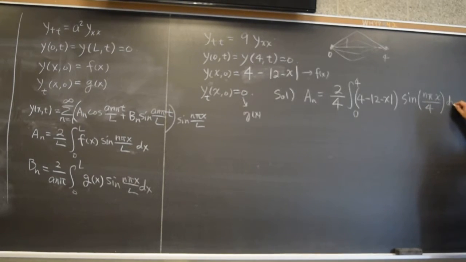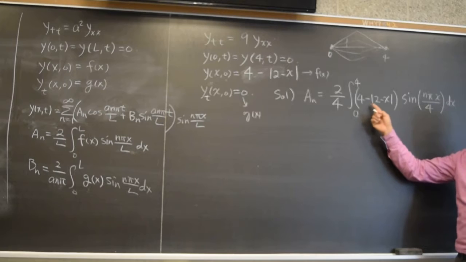Okay. So that's what you have to do. n pi x over 4. Sounds easy, right? The only trouble is that now you need an integral that's split into 2 parts because of this absolute value.